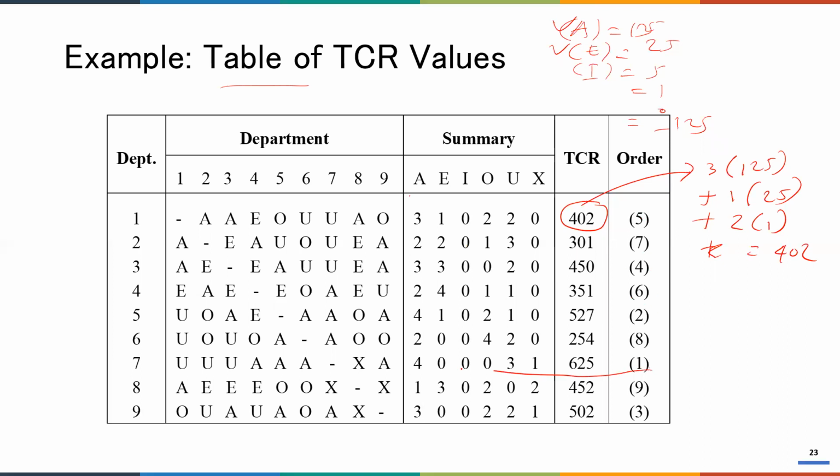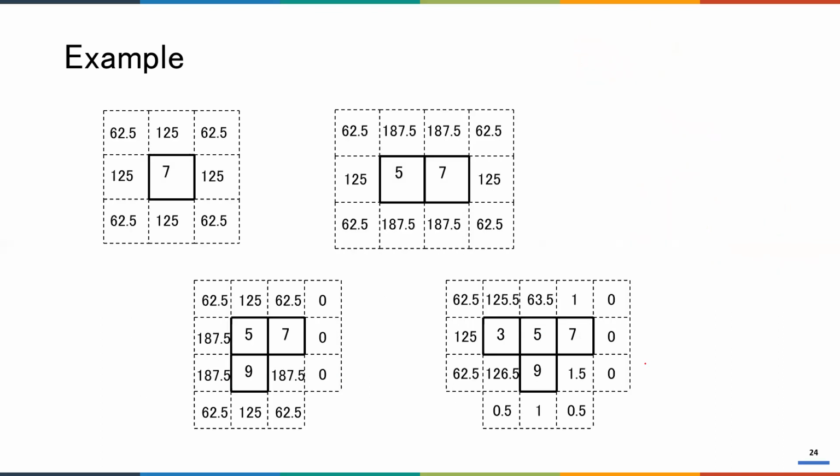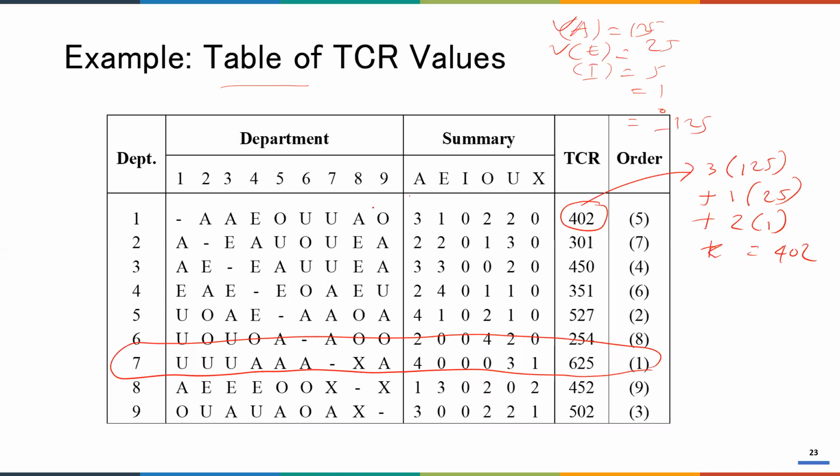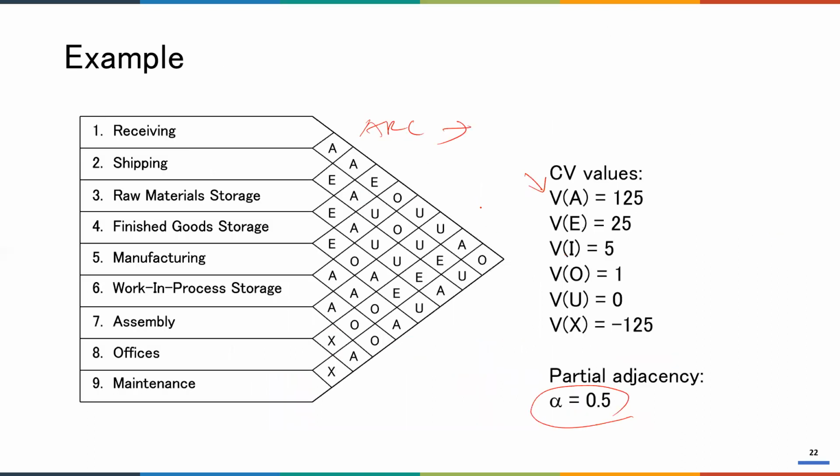So as we can see here, department 7 has the biggest TCR value, equal to 625, and department 7 is the first one to be placed. So we put it in the block here in the middle. Then we calculate the weighted placement. Before that, we have to understand what department should be placed next after department number 7.